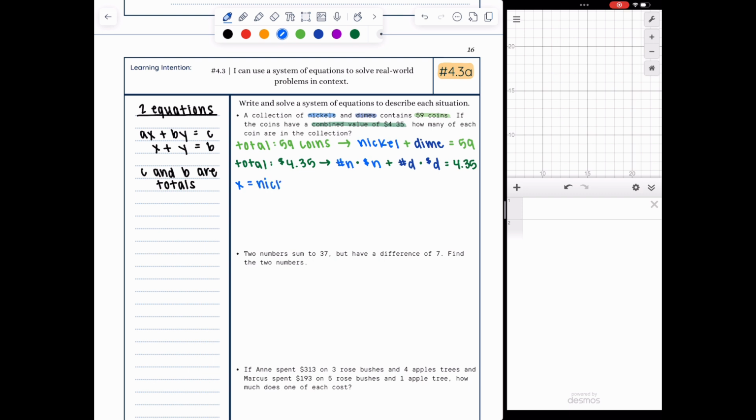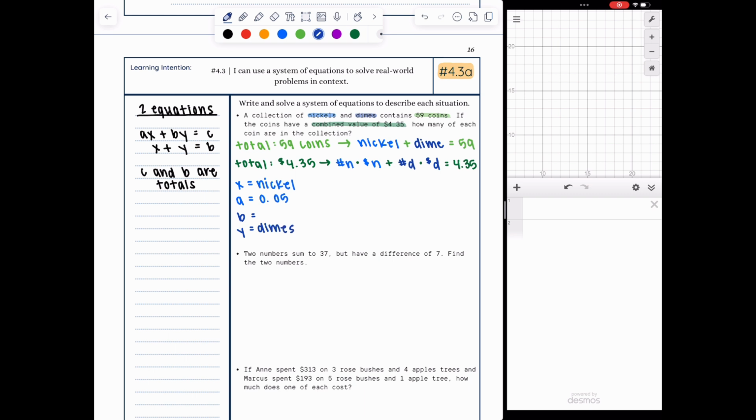I'm going to decide that X is going to be the number of nickels that are in the collection, and that means that Y will end up being the number of dimes. As a decimal, a nickel is worth 0.05, so 5/100ths of a dollar, or you can say 5 cents if you'd like. If I chose for X to be the nickel, that means that Y has to be the dime.